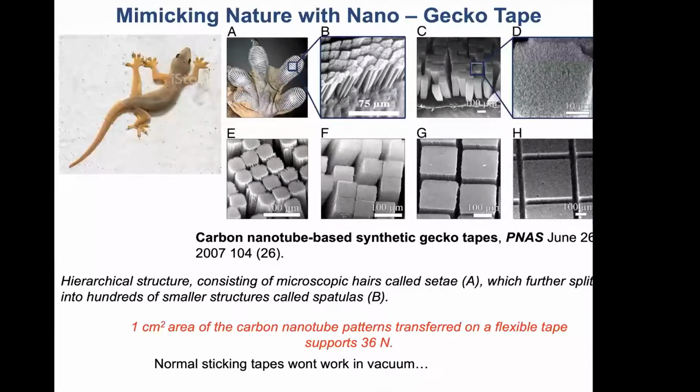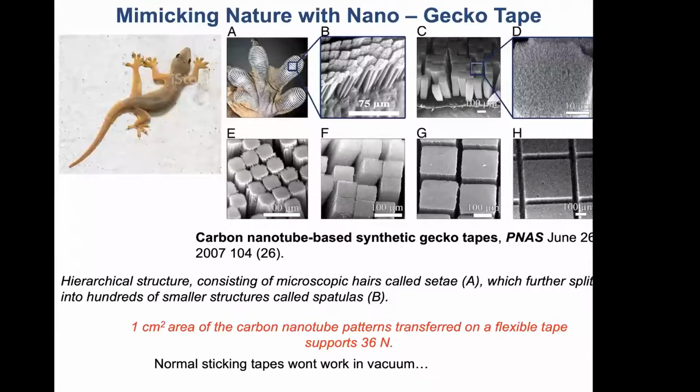Now, what is the importance of such structures? When they come in contact with the wall, the setae or spatulas are very close to the wall material. When things come very close, a molecular force that is normally insignificant, called the van der Waals interaction, becomes very high.